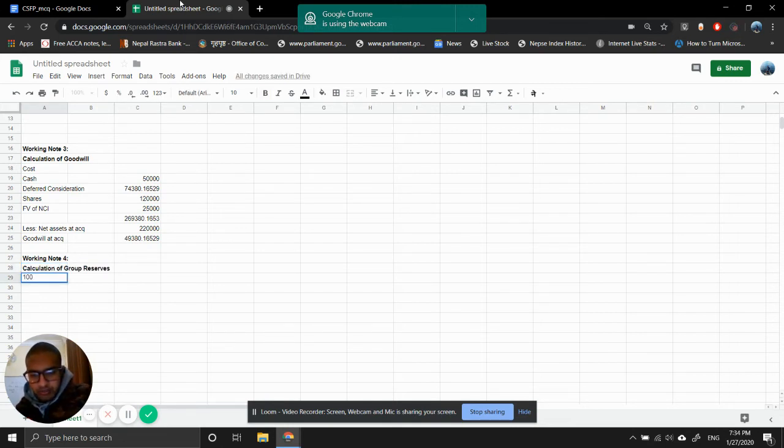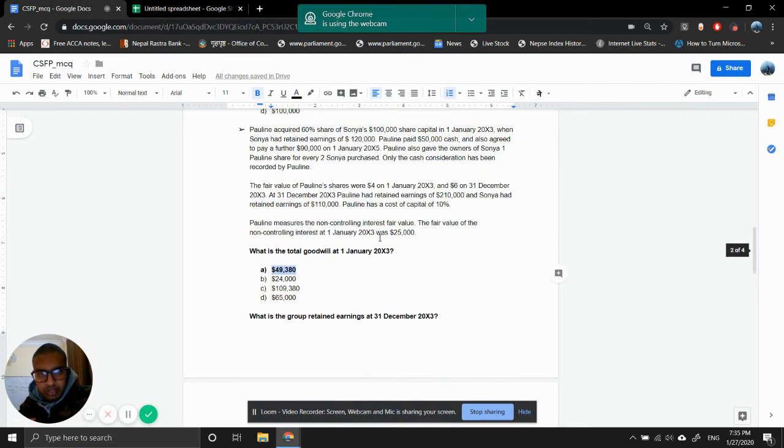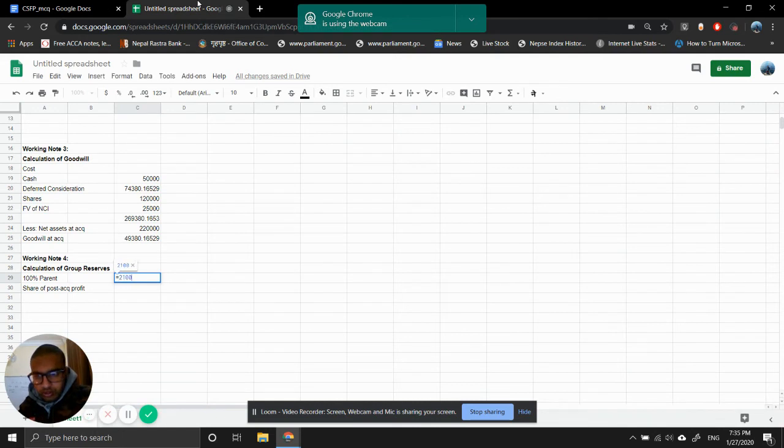So 100% of the parent plus the share of post-acquisition profit. So what's the parent's profit? This we've been given, 210, right? Pauline had retained earnings of 210,000.